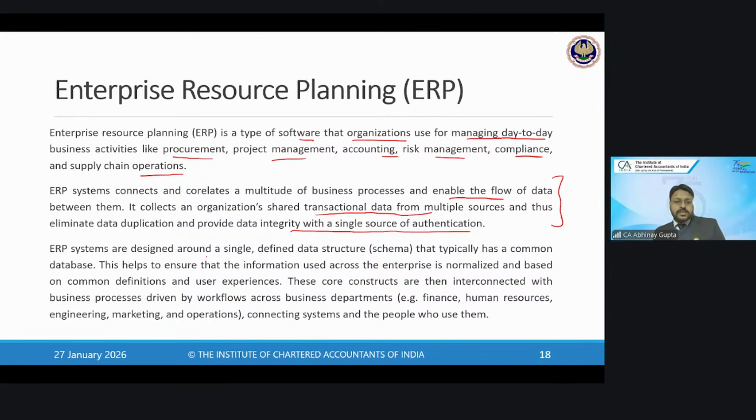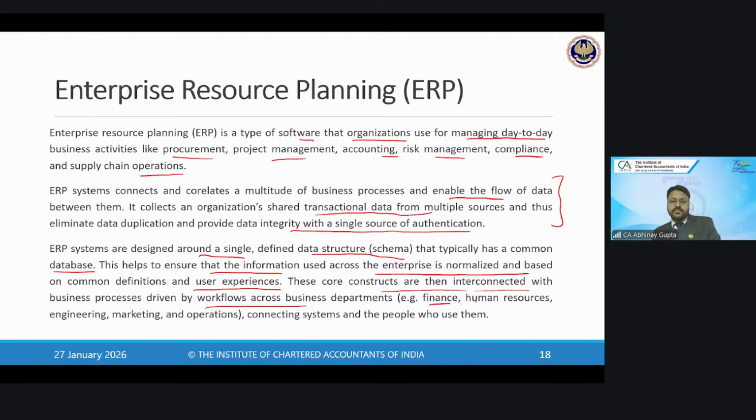So ERP systems are designed around a single defined data structure schema that typically has a common database, right? So the database is common, and within that common database, whichever user is entering further information, that gets updated. This helps to ensure that the information used across the enterprise is normalized and based on common definitions and user experience. The core constructs are then interconnected with the business processes driven by workflows across business documents.